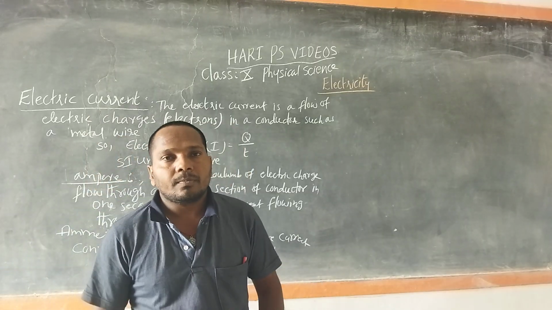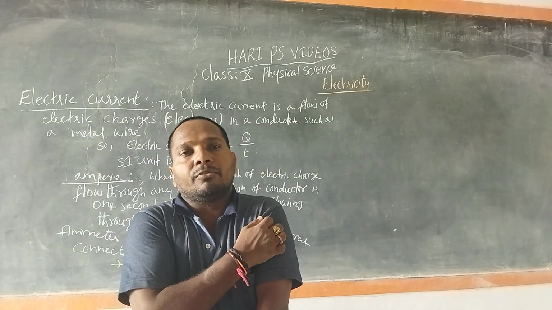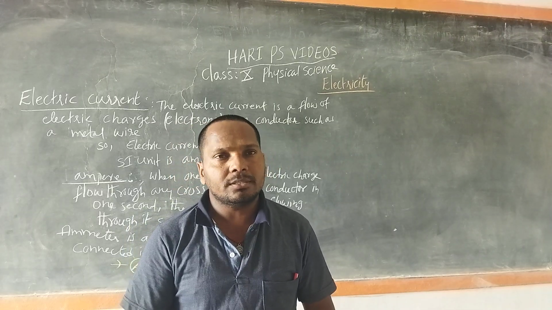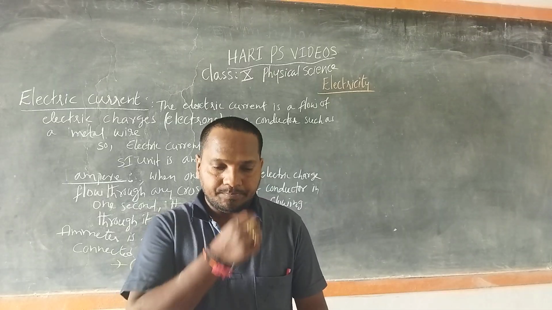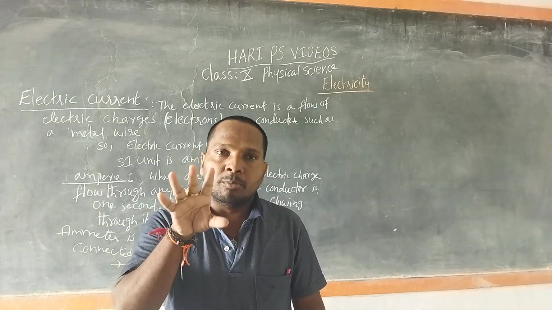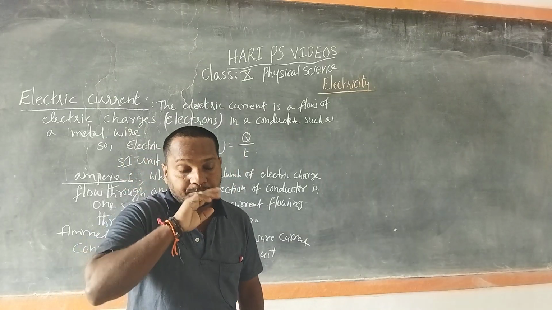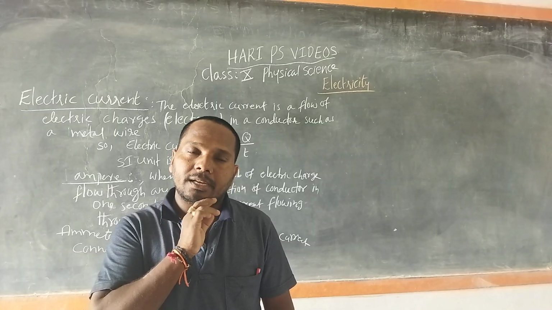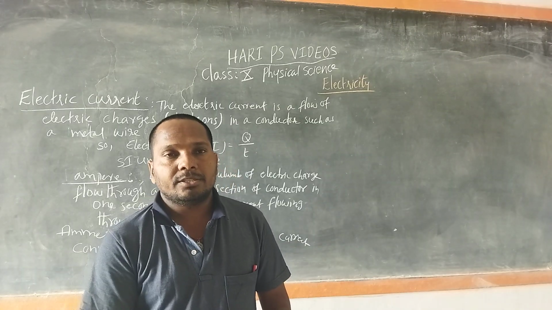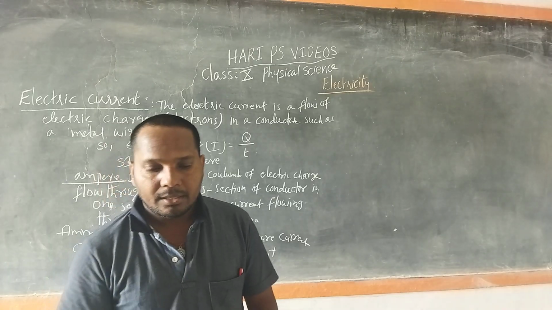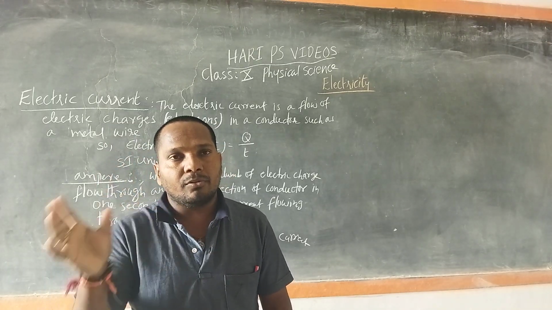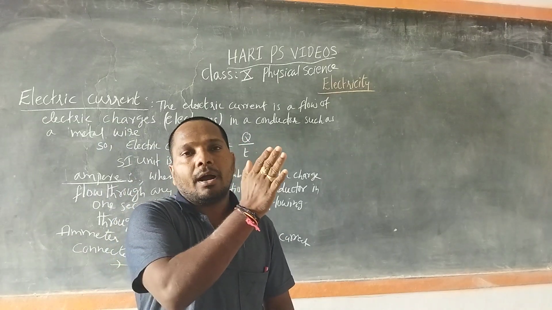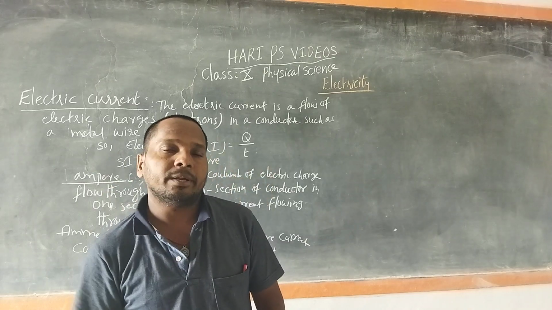So electric current is nothing but the flow of electric charges. The flow of electric charges is called electric current. When two charged bodies at different electrical potential are connected by a metallic wire, the electric charges can flow from one end to the other, from higher potential to lower potential.